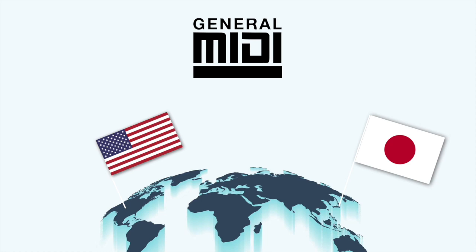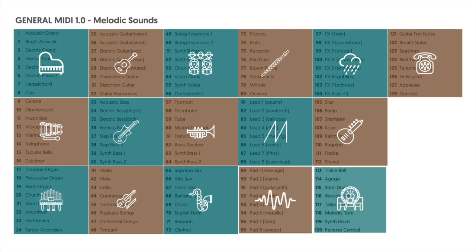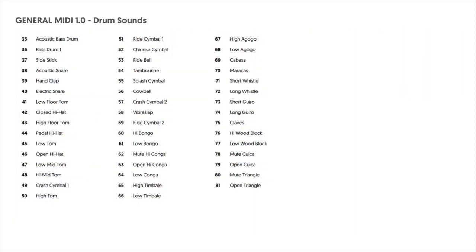But they didn't standardize the sounds. No, they standardized the names of the patches and left the expression of those sounds up to the manufacturer. 128 names to be exact, and they broke them up into groups of 8, things like pianos or guitars or brass. They also added a named set of drums, which we're going to talk about in a future video.